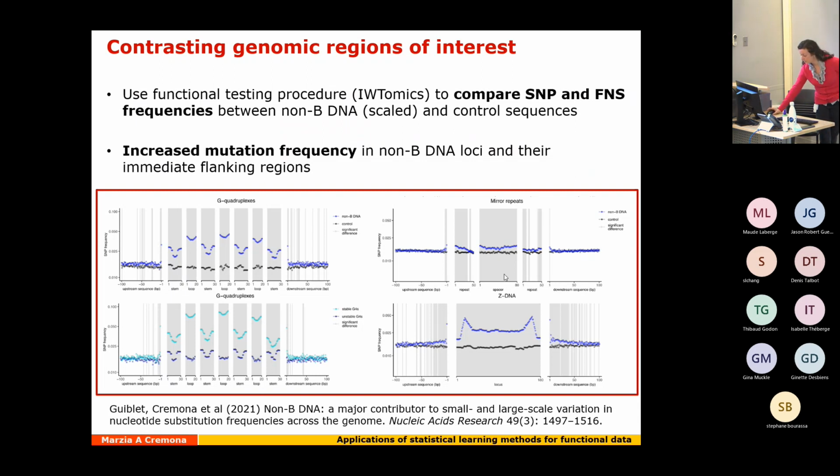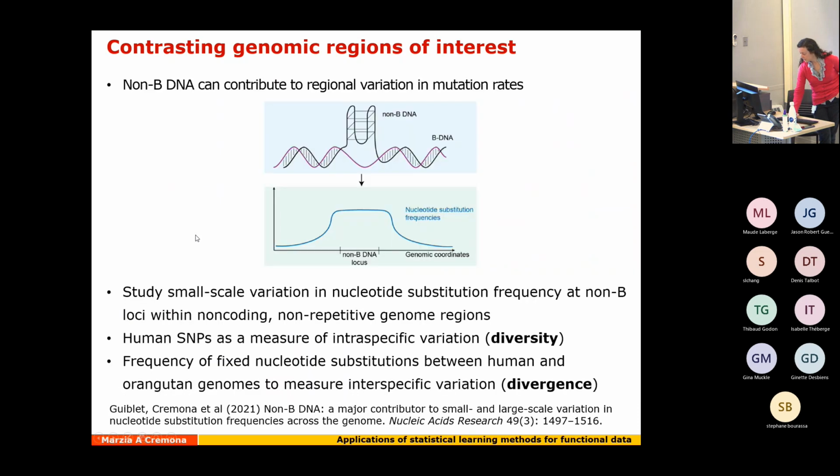So in this figure, for example, we can see all the G quadruplexes in blue, and in black we have the controls. So we see that there is a huge increase. And we also see that the increase is not the same in stem and loop. So basically, you see that the non-B DNA has this weird shape.